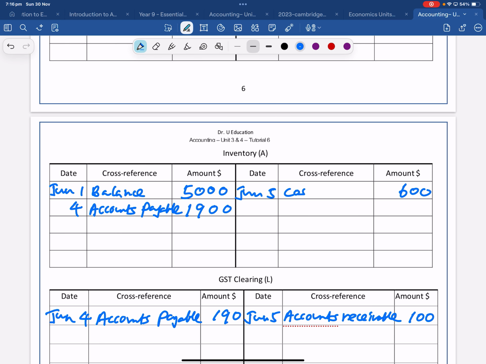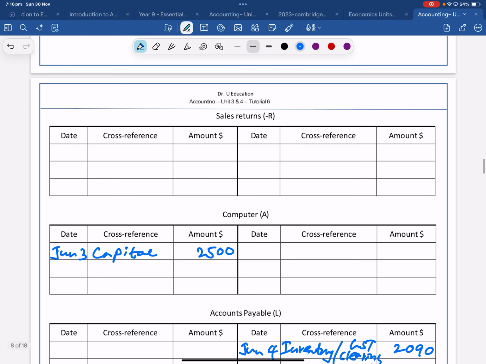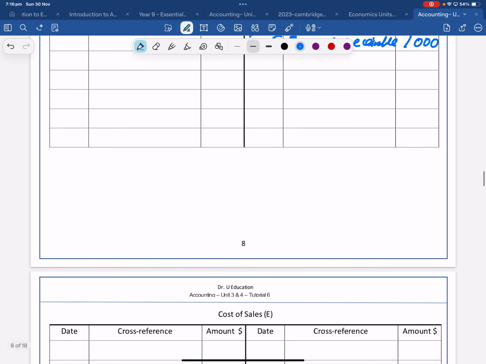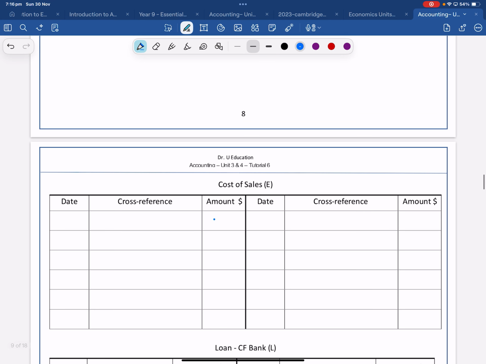Cost of sales. Then cost of sales is debited 600, saying inventory.